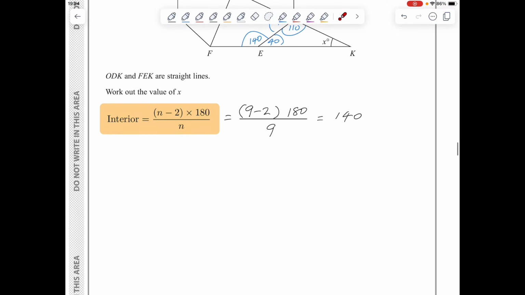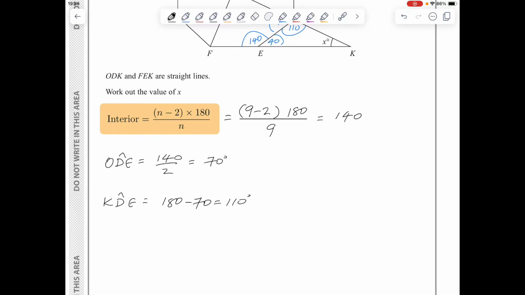So angle ODE is equal to 140 divided by 2, which is 70. We said that this is the interior angle divided by 2. Then we said that KDE is equal to 180 minus 70, which was 110, angle on a straight line.